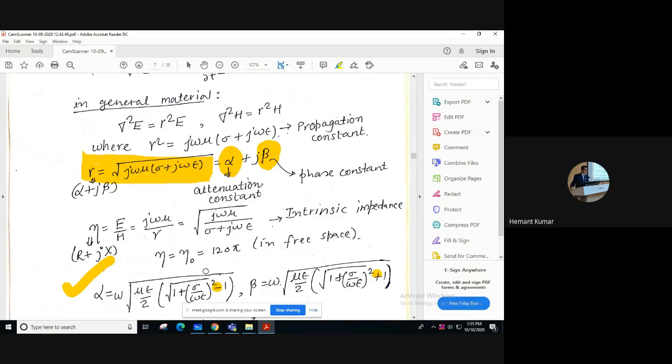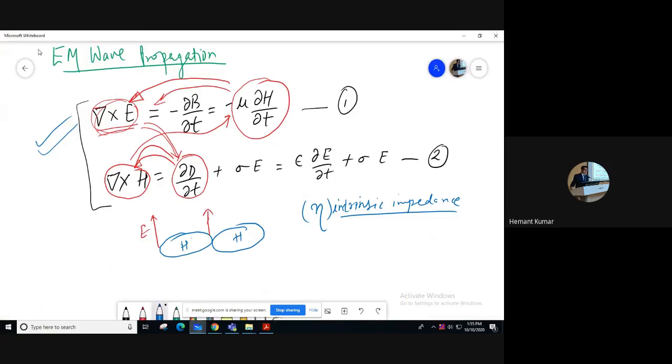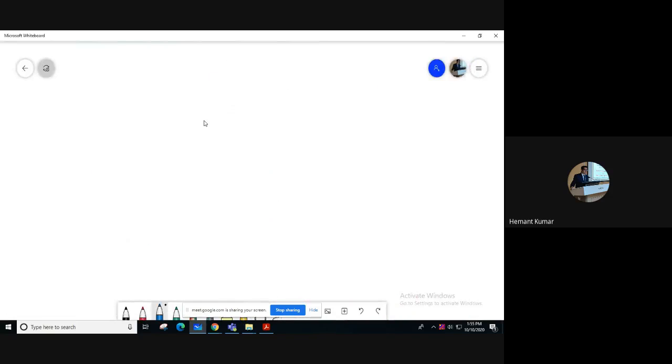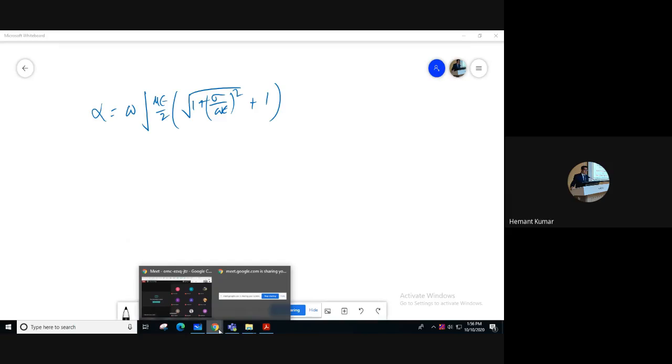If you see, there is one quantity here, sigma upon omega epsilon. Let me explain this on the whiteboard. We have alpha equal to omega times the square root of mu epsilon by 2, times the square root of 1 plus (sigma upon omega epsilon) squared, minus 1.